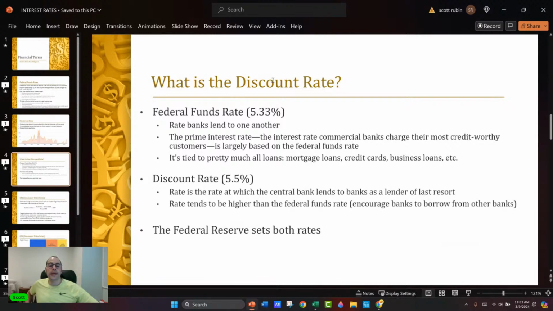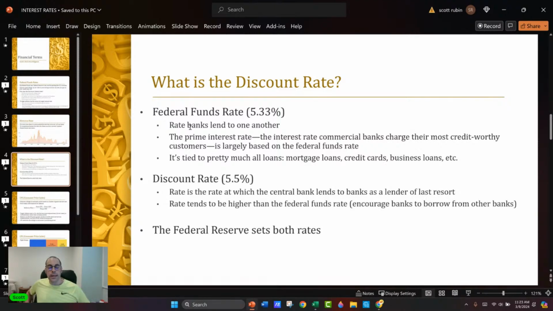The discount rate is the other common rate used. And this is probably something most people don't know. I'm not even sure if you really need to know it, but I think knowing these things can only help you. So the two big rates out there are the Fed funds rate and discount rate. The Federal Reserve sets both rates. The discount rate should usually be higher than the Fed funds rate, because the Fed funds rate is the rate that banks use to lend to each other.